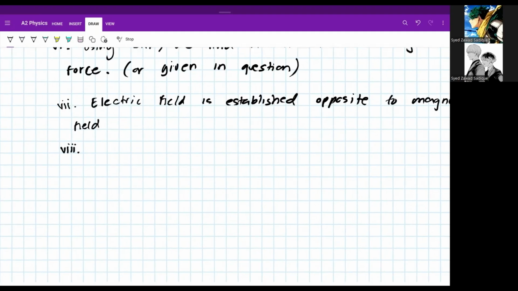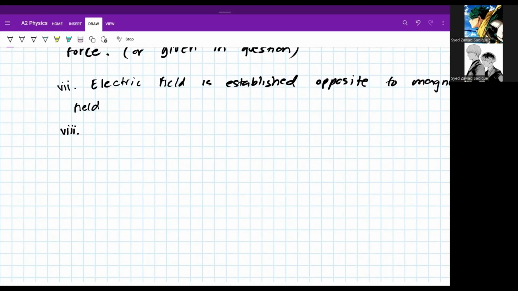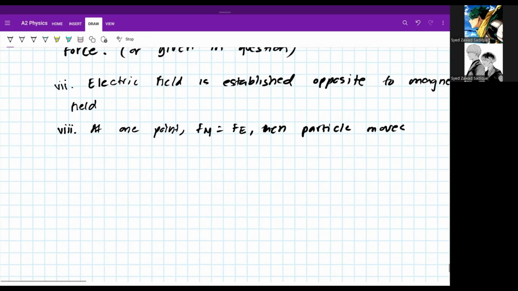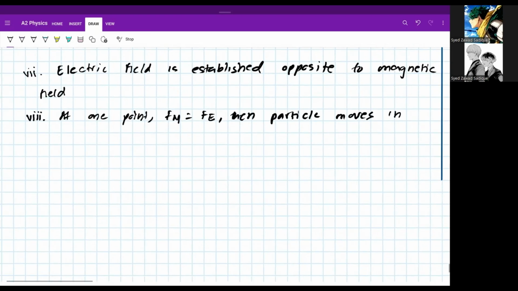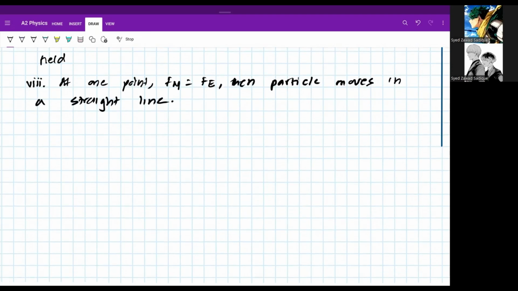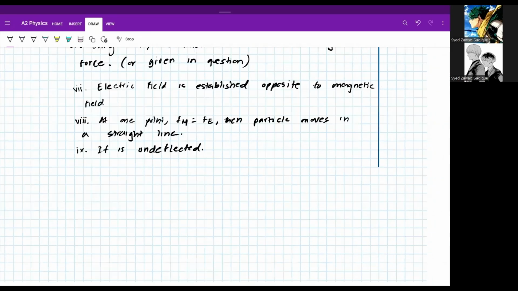Point number 8 is at one point, magnetic force is equal to electric force. Then the particle moves in a straight line. Hence, which leads to point number 9, that the particle is undeflected.